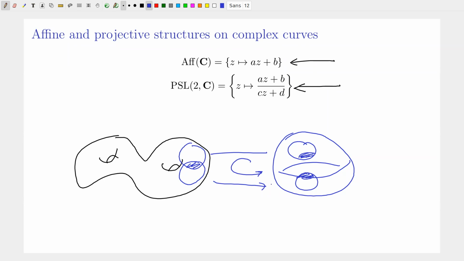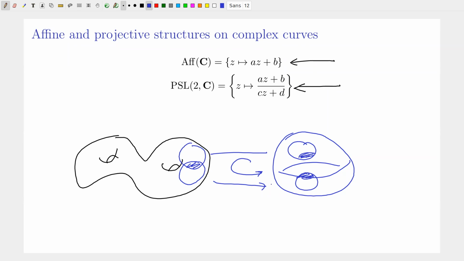So we restrict the group of changes of coordinates to projective transformations. And in this case, we say that the curve has a projective structure, or if we restrict it to the group of affine transformations, we say that the complex curve has an affine structure.